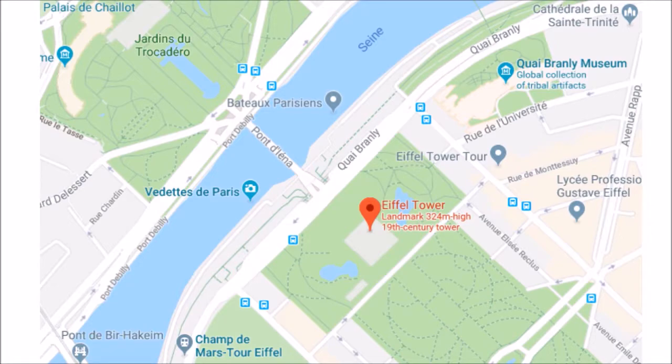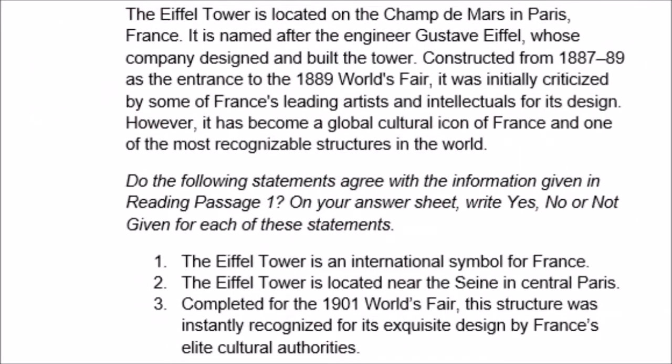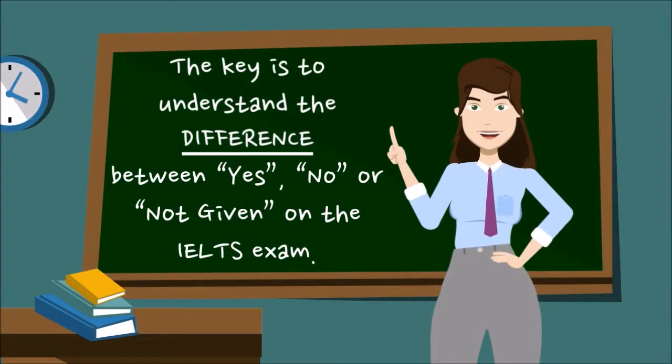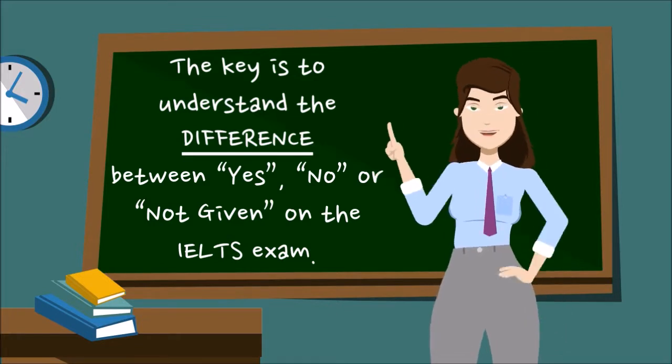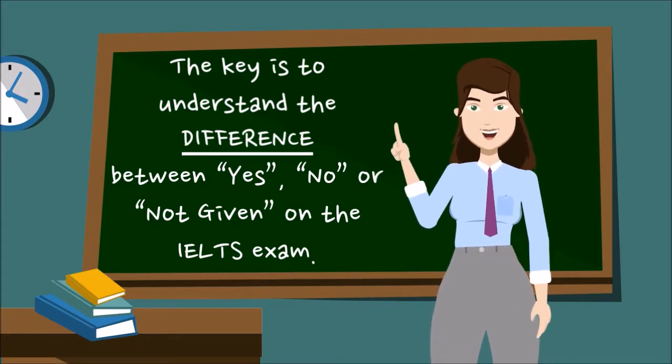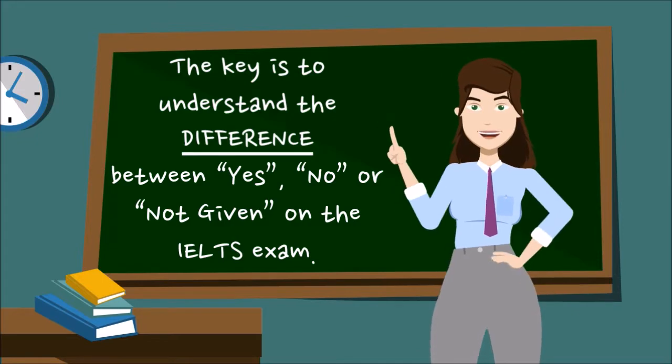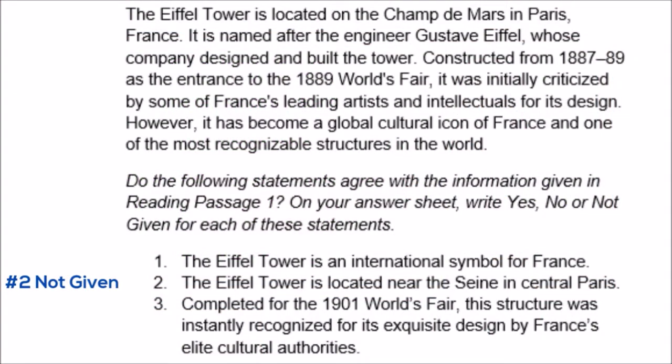However, since this information is not included in the reading text, the answer is not given. Knowing this difference is the key to doing well on these types of questions. And if you answered yes for number 1 and no for number 3, congratulations! Nice work!